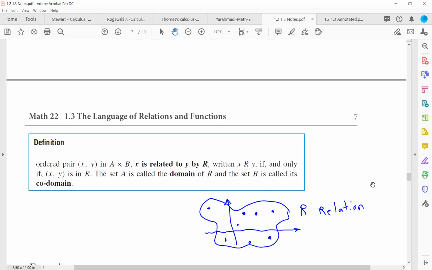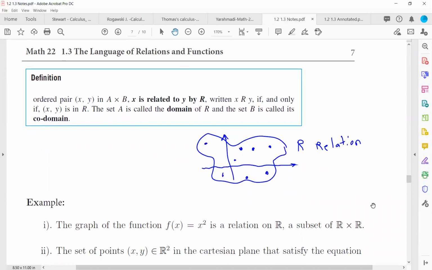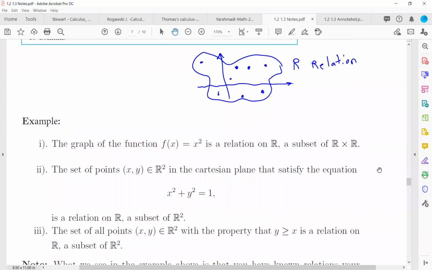You've seen relations many times. Let us take a look at some examples. The first example is like a function, a nice function, x squared, or a quadratic function. This quadratic function takes elements in R, and it gives you x squared.